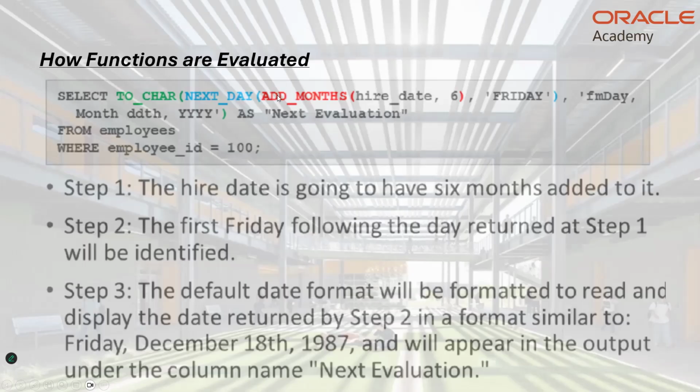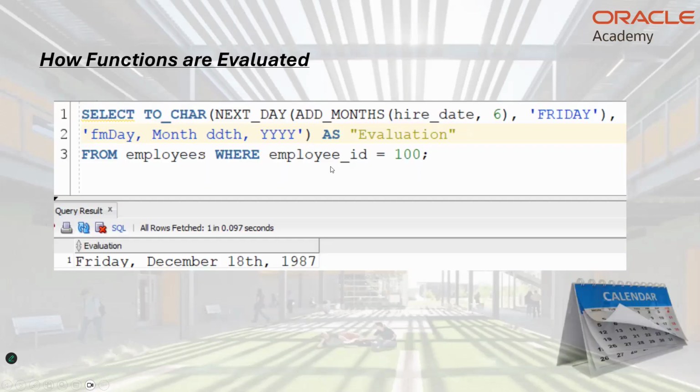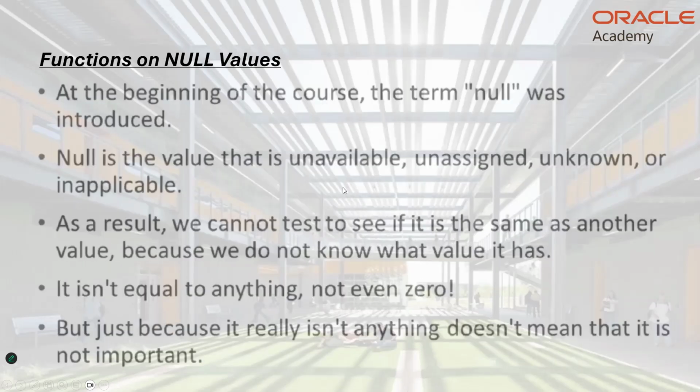Next Friday. And then in step 3, the default date format will be formatted to read and display a certain way, like December 18th, 1987. That's the TO_CHAR, and then this format here is the next evaluation. So this is a little clearer.